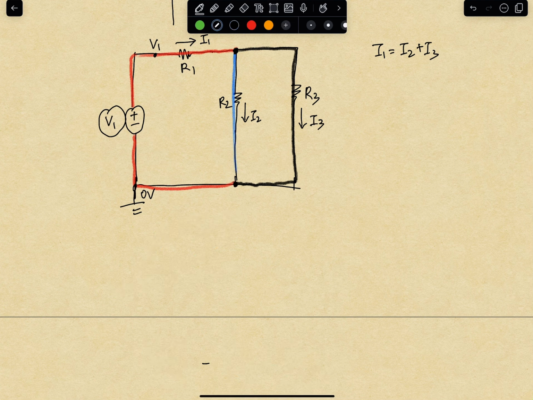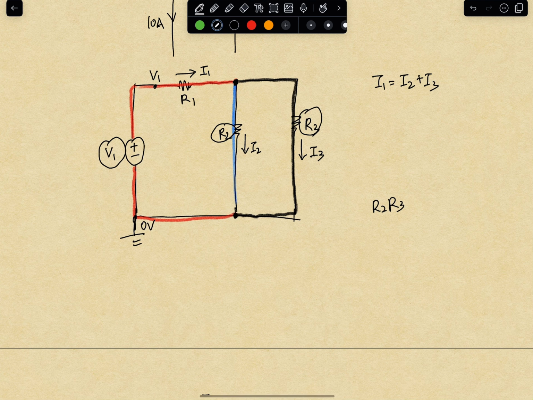First, we can simplify that. We know that R2 and R3 are actually in parallel. So the equivalent resistance of the parallel is product over sum. So it will be R2 times R3 divided by R2 plus R3.